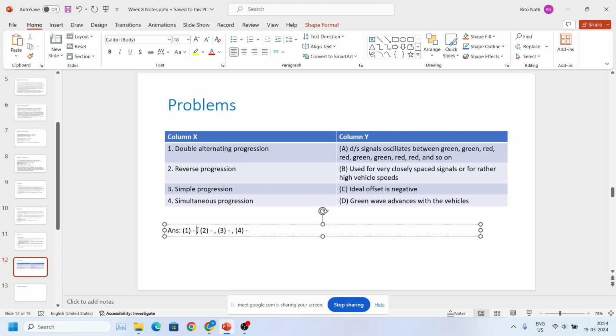Okay, so this is double alternating progression. So let's think, A was reverse progression. Then you have simultaneous.